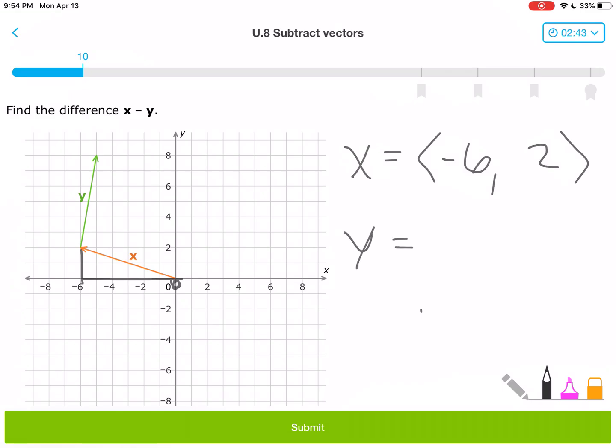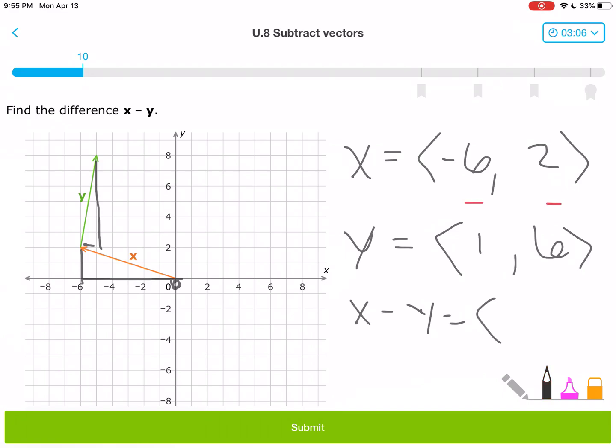And let's do the same thing for y. So now I start at my initial point, and my horizontal change is positive 1, because it goes to the right 1. And then it goes up 1, 2, 3, 4, 5, 6. Positive 6. So if I want to do x minus y, then I am subtracting these values.